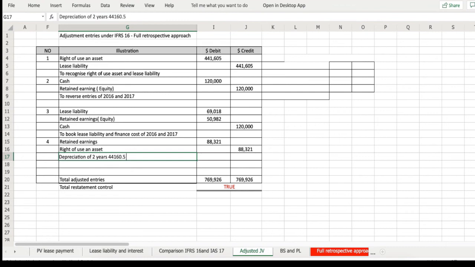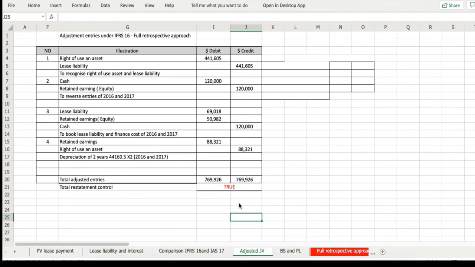The 1 year is 160.5 into 2 years. These 2 years are 2016 and 2017. So we are done with the depreciation.